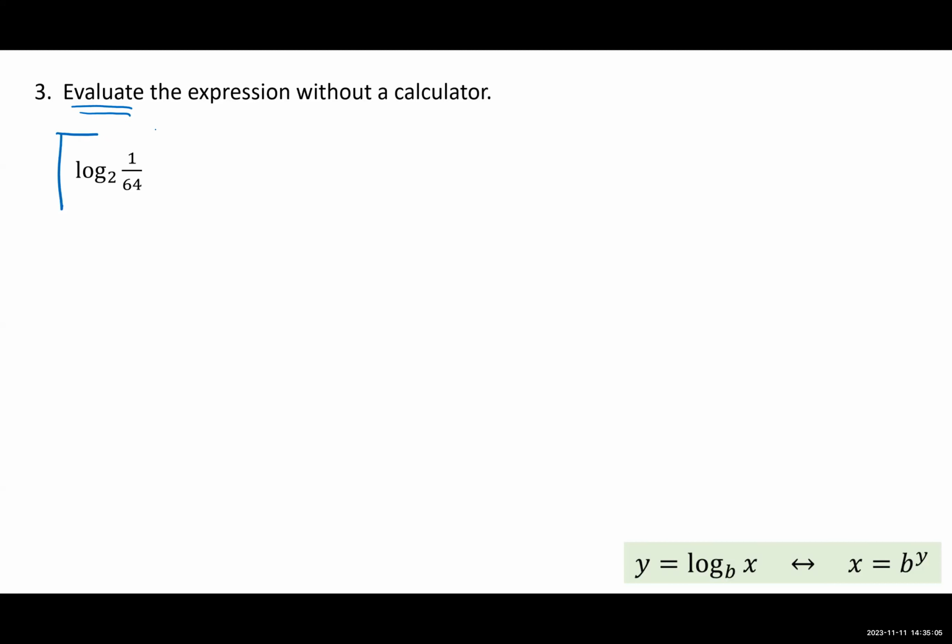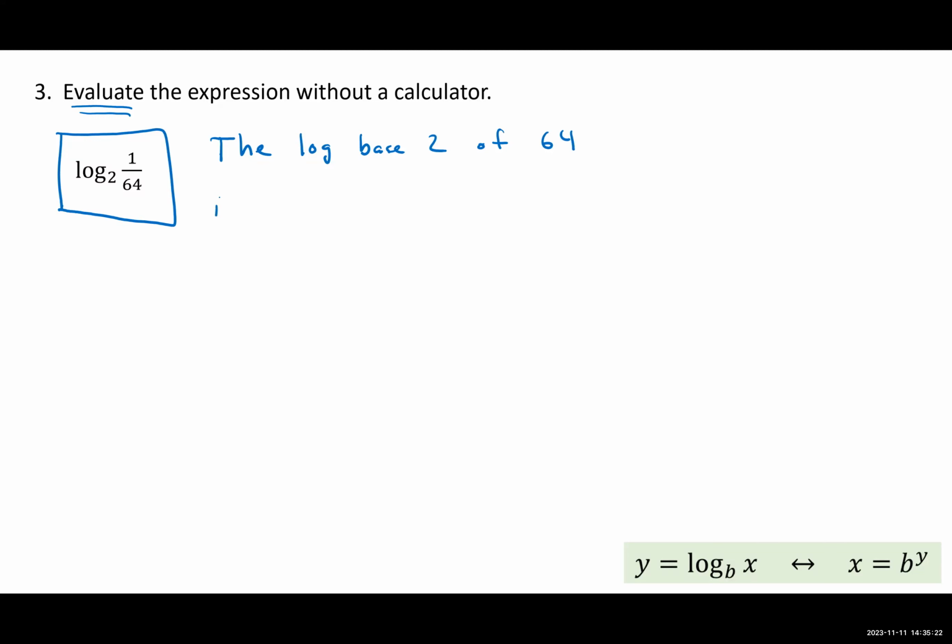So this right here, the log base 2 of 64. What is that?